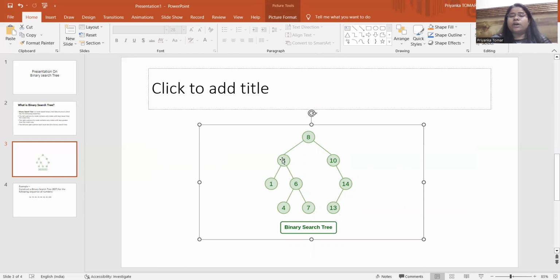All nodes present on the left-hand side of 8 are less than 8. So we can say that the left subtree is less than the root node. And again, on the right-hand side of 8, we can see there are three elements, namely 10, 14, and 13. These three elements are greater than 8.